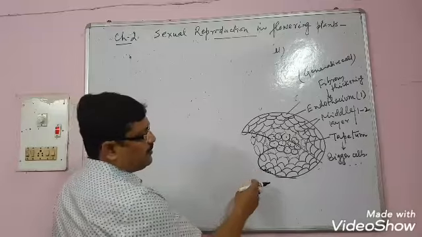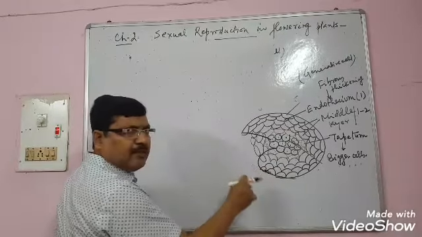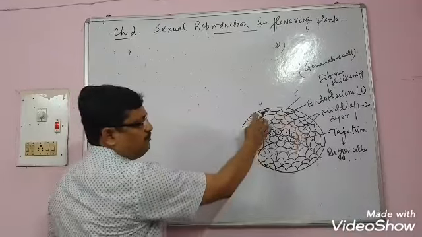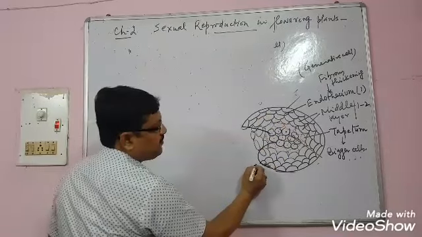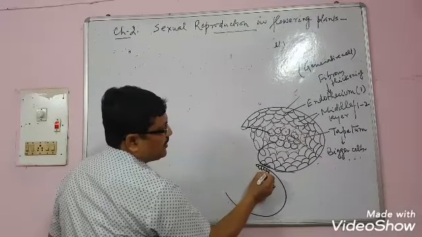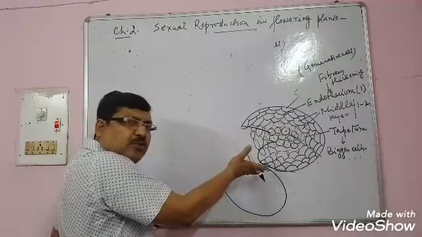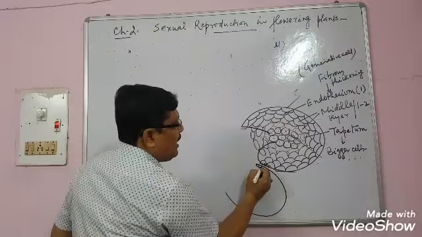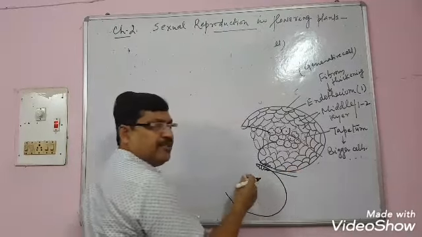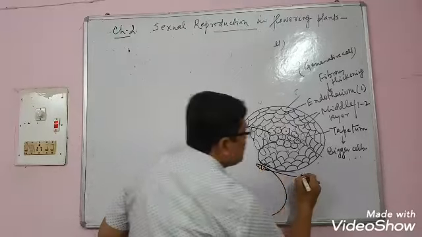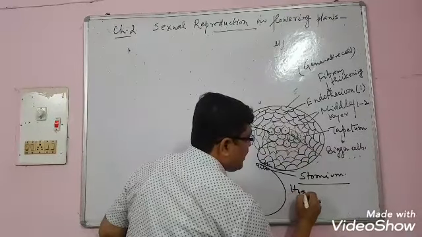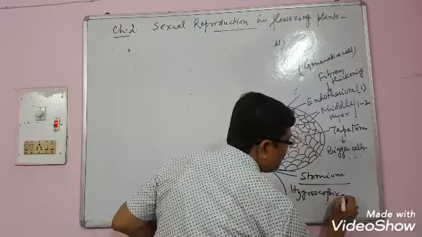Dear students, now we will take another very important matter, that at the shallow groove between the two sporangia, just let us suppose like this, some specialized cells are located, and these specialized cells are located up to the level of endothecium, and these are hygroscopic in nature, and it is termed as stomium, which is hygroscopic in nature.